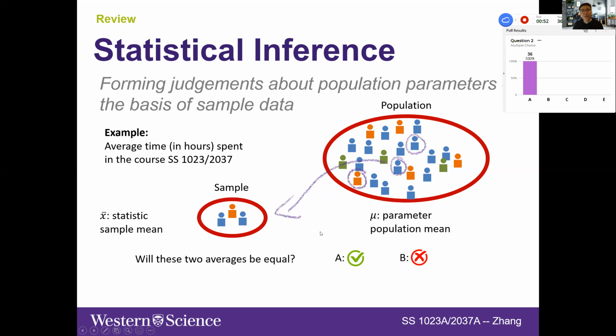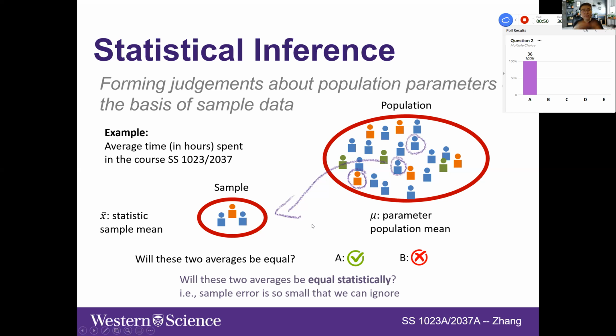However, in this lecture, I'm going to ask a different question. Instead of just asking whether these two averages will be equal or not, I'm asking whether these two averages will be equal statistically. You might ask, what do you mean by statistically? I acknowledge that our X bar should be different from mu for sure, because we have variation in our sample mean.